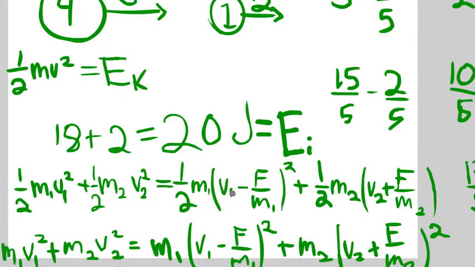Now the velocity would be what it was before minus some force over the mass, because a force over mass is acceleration. So it's a velocity minus the acceleration.